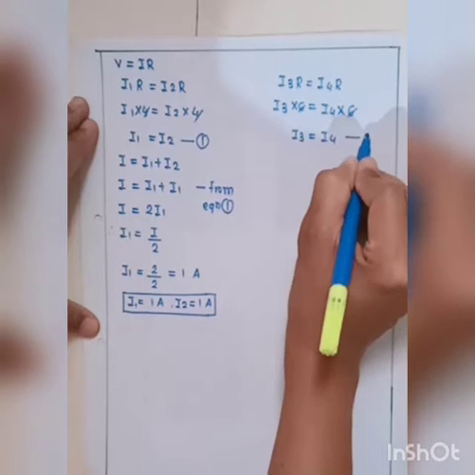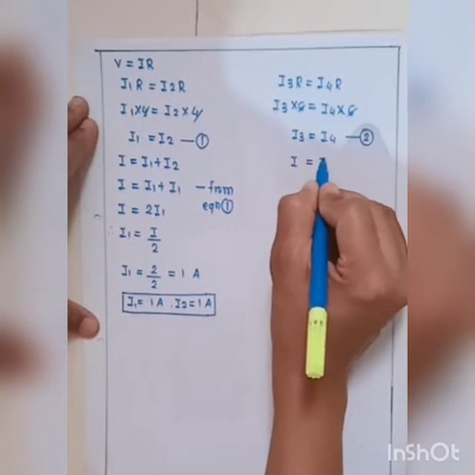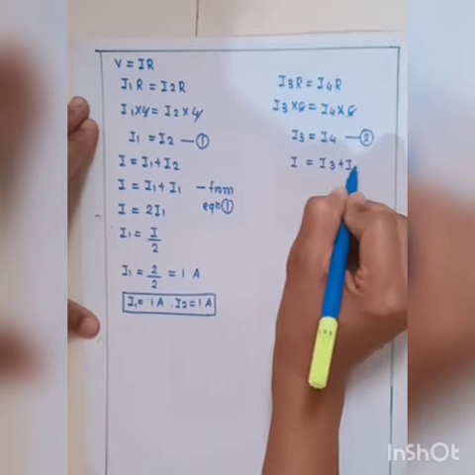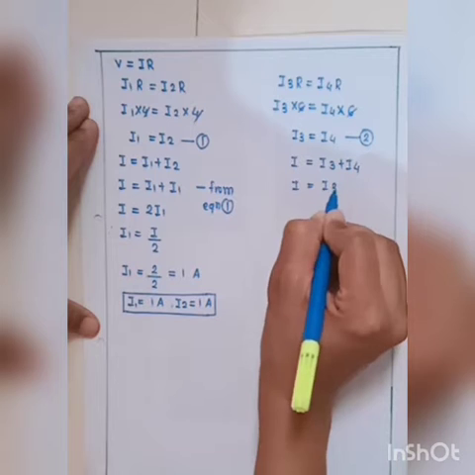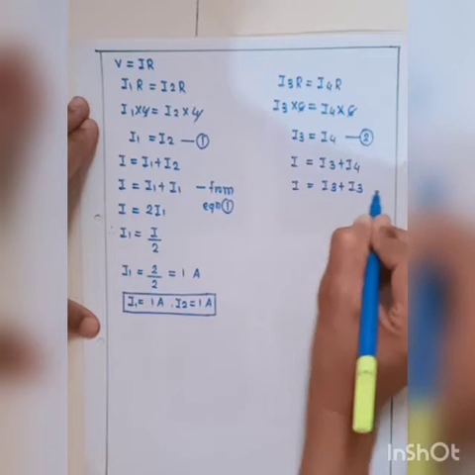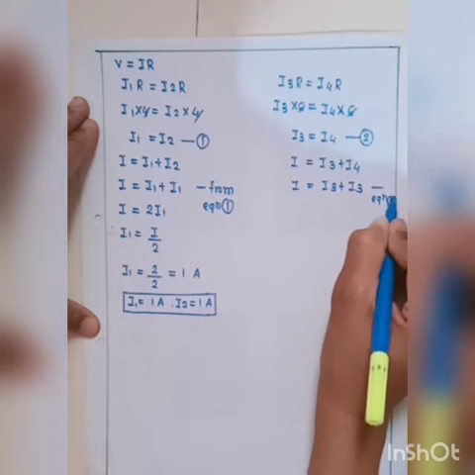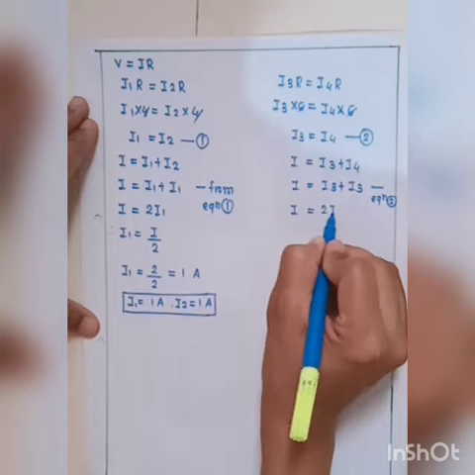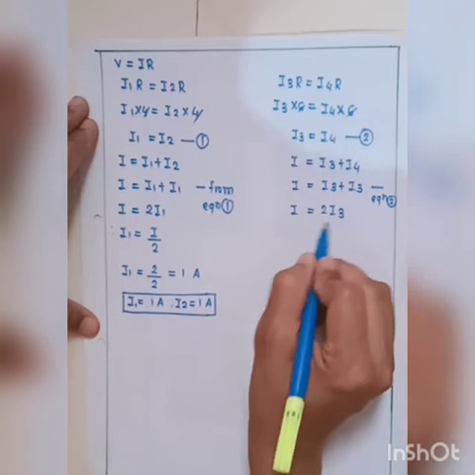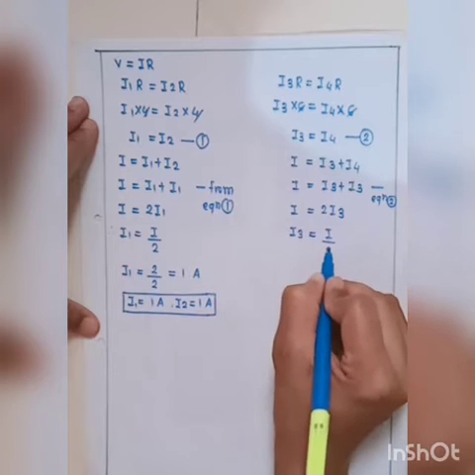This is equation number 2, and we know that total current I is equal to I3 plus I4. So we can write I is equal to I3 plus I3 from equation 2, so I is equal to 2 I3, and from this we can write I3 is equal to I divided by 2.